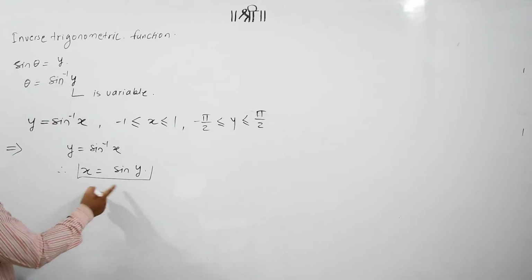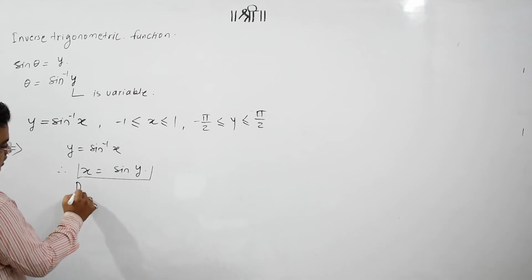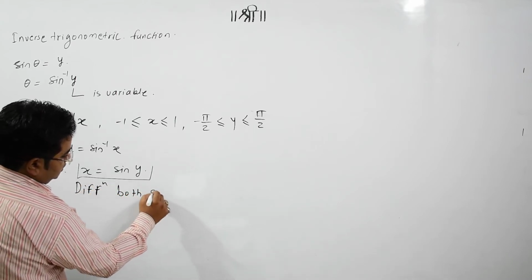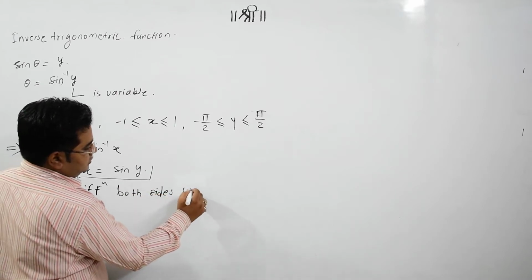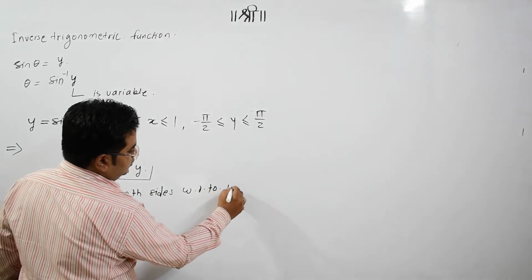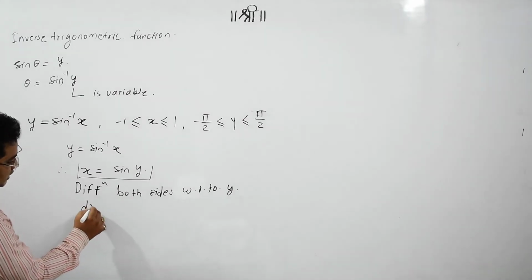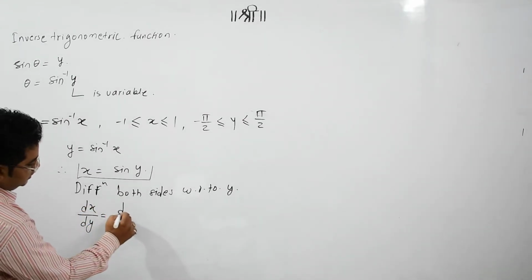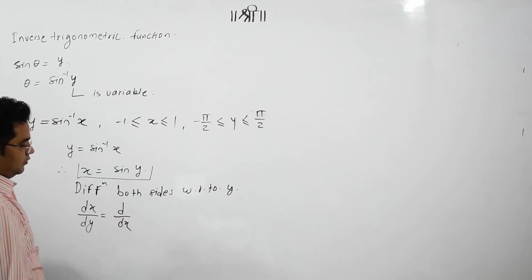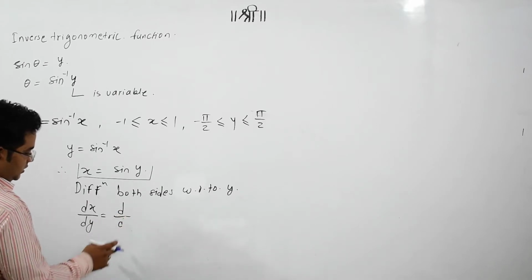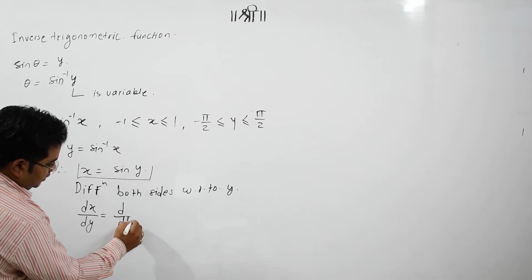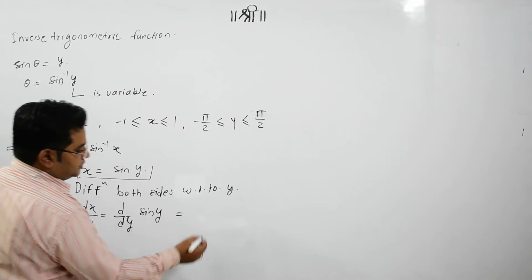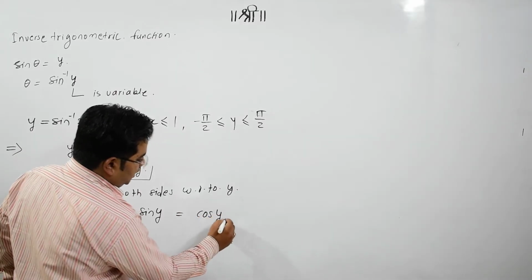Now next step, differentiating both sides with respect to y, what will happen? dx upon dy is equal to d upon dy of sine of y, which is equal to cos of y.